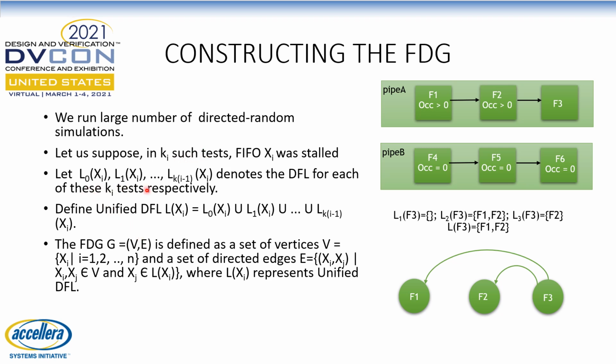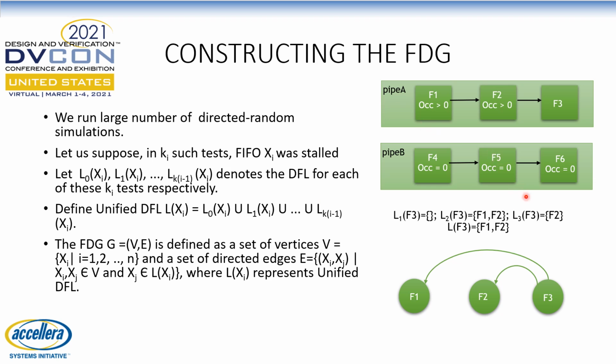So with the dependency lists, what we do is take a union of those dependency lists and create something called a unified dependency list, LXI. Once we have the unified dependency list, the next step is to take the stalled FIFO and start drawing edges from the stalled FIFO to every element in the dependency list.